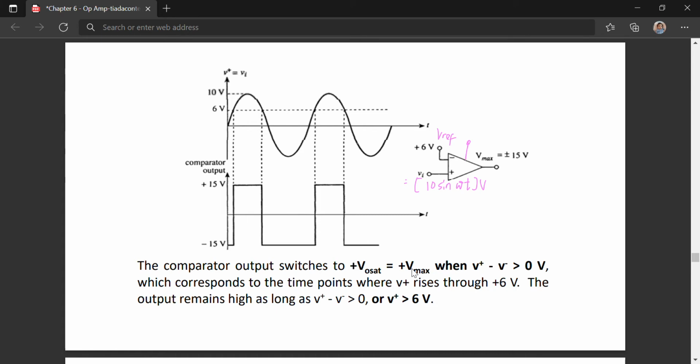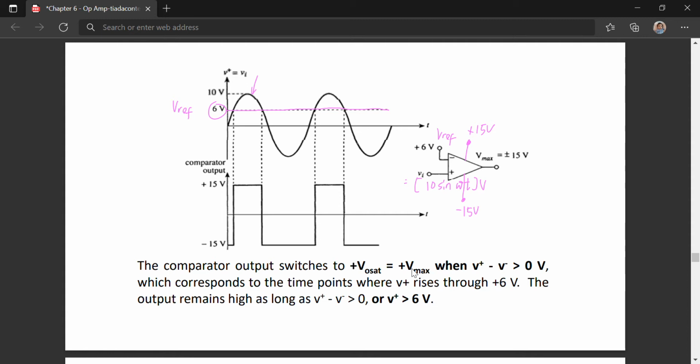So your voltage supply to the op-amp is positive 15 volt and minus 15 volt. So here we want to compare 10 sine omega t with 6 volt. So here you have 10 sine omega t, and also this is a straight line for 6 volt Vref.